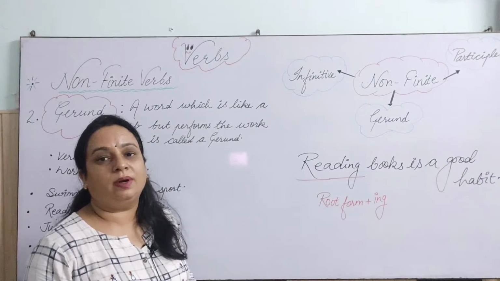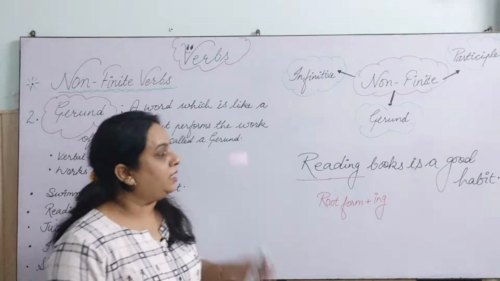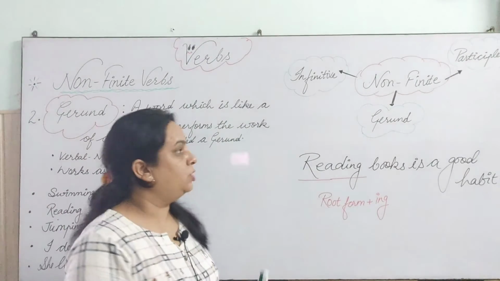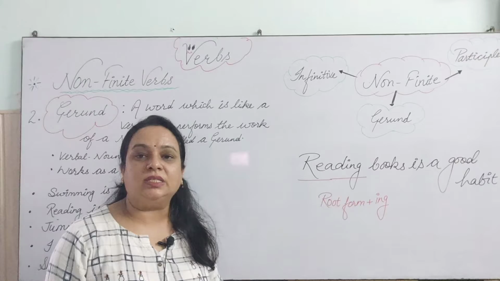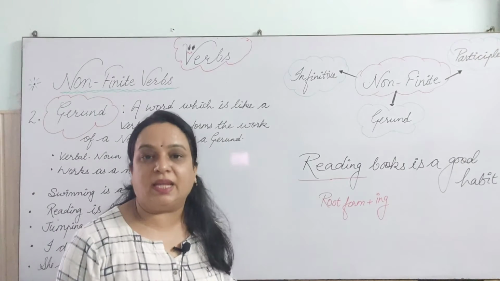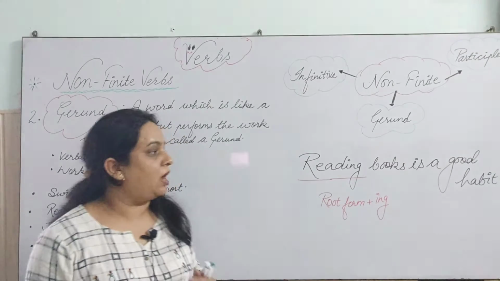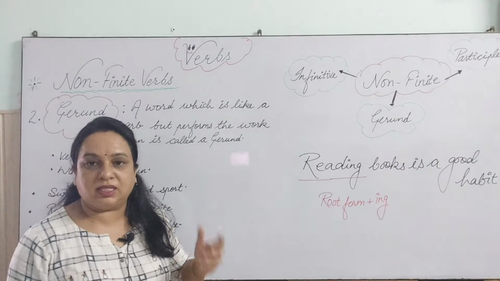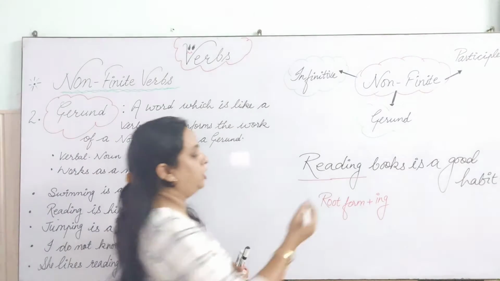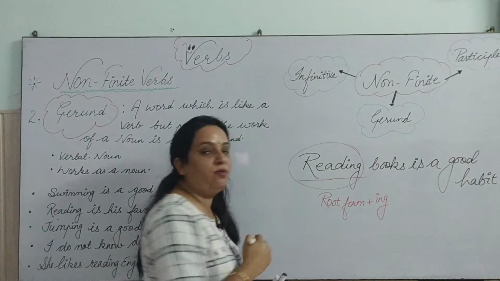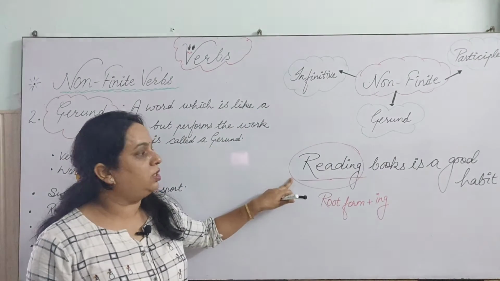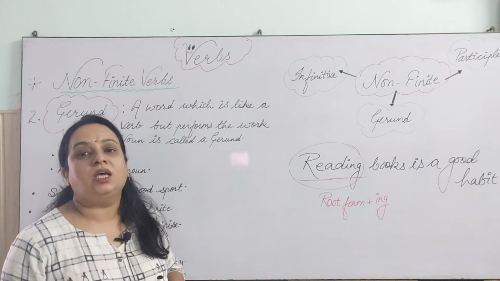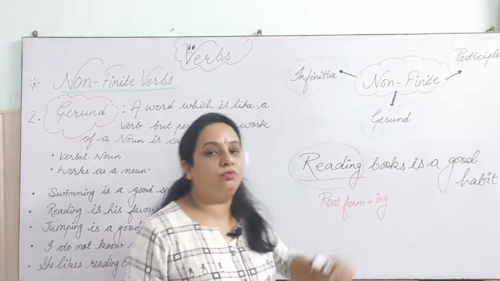Now when we talk about noun, so what is noun in the sentence? Noun is you can say the naming word, okay? So noun is a naming word, and here we are saying that reading is working as what here? That is working as a naming word here, okay? So this is what? Reading books, right? This ing form is acting as noun here. So reading books is a good habit.